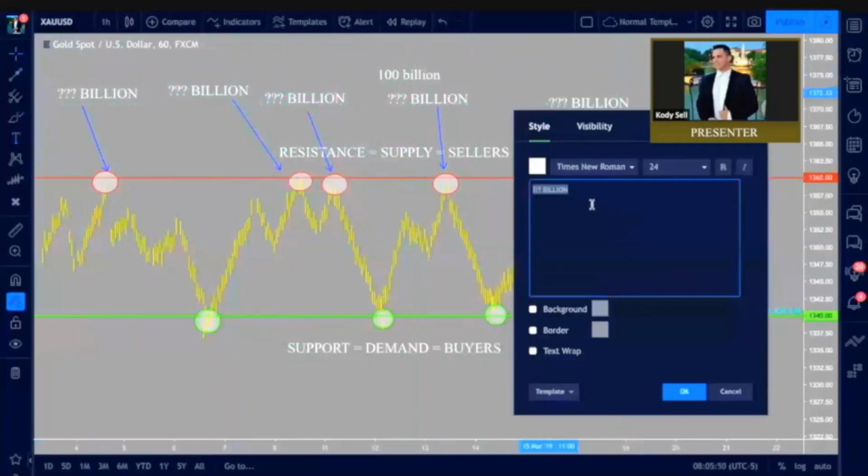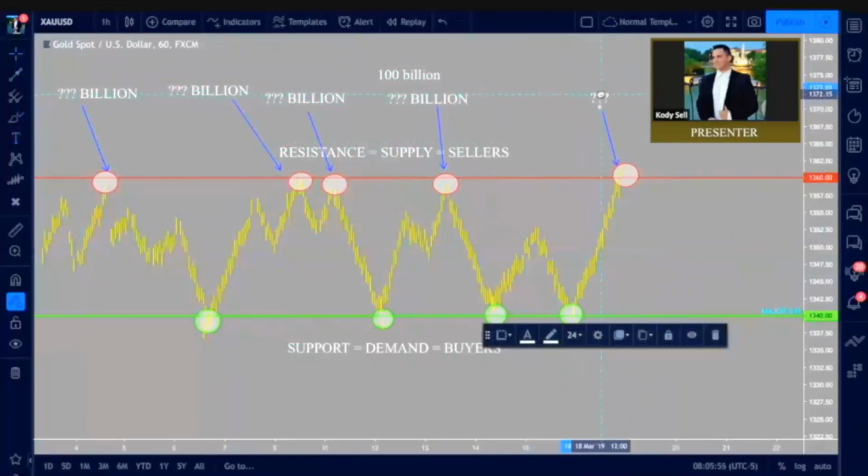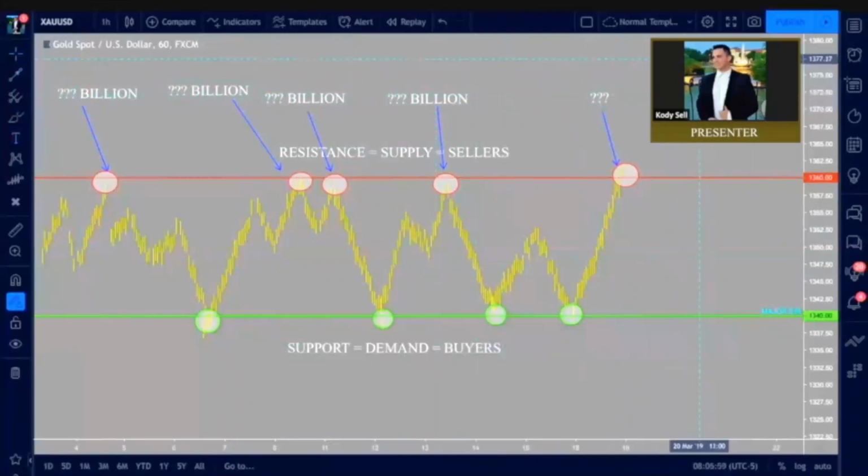And the question is, let me get rid of the billion here. The question is, is this good or bad for us? Get rid of that. The answer is it's bad, because at this point, we've already visited this level so many times. Each time we visit this level, okay, write this down, take note of this, it is very important.